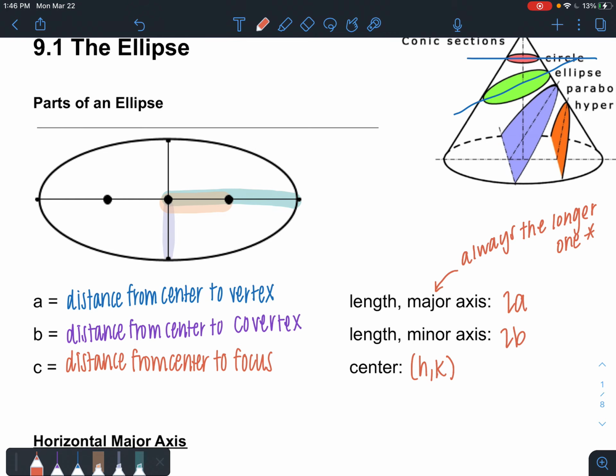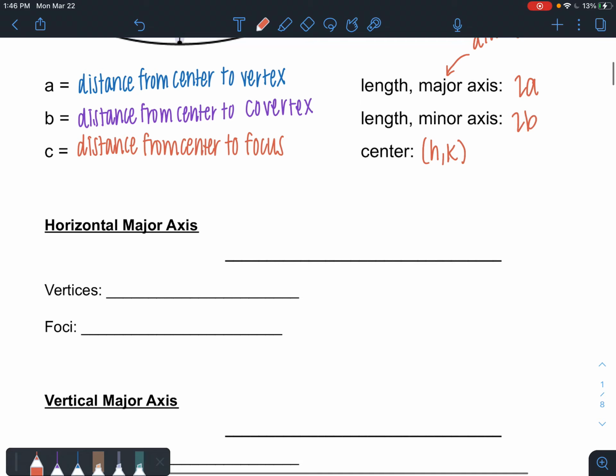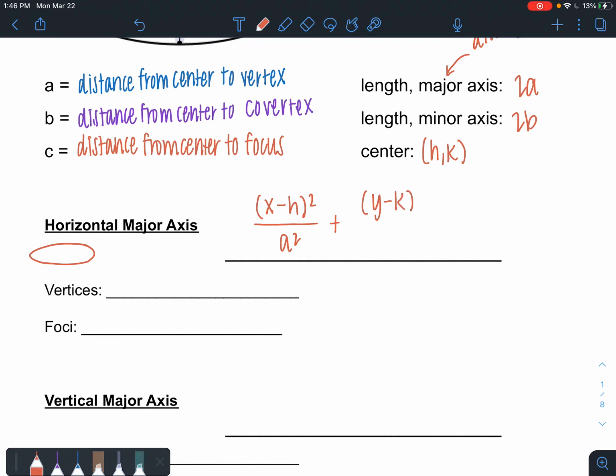All right, so if we have a horizontal major axis, so it's more oblong like this, then we're going to follow the equation (x minus h) squared over a squared plus (y minus k) squared over b squared equals 1. And it's always going to be equal to 1.